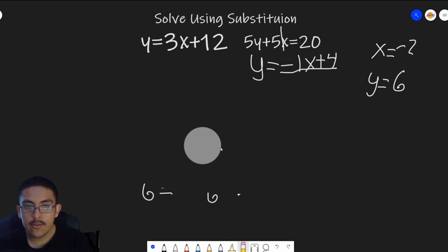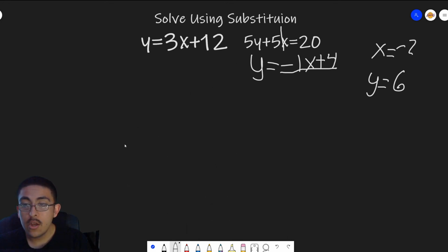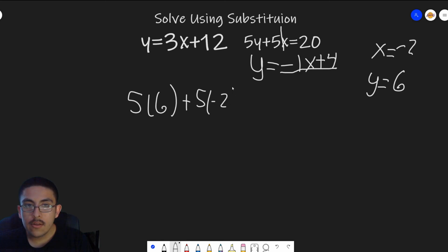Now let's check the other equation. Let's check the original equation. So we're going to do 5y, remember y equal to 6, plus 5x, x equal to negative 2, is equal to 20. So it's going to be 5 times 6 is 30 plus.